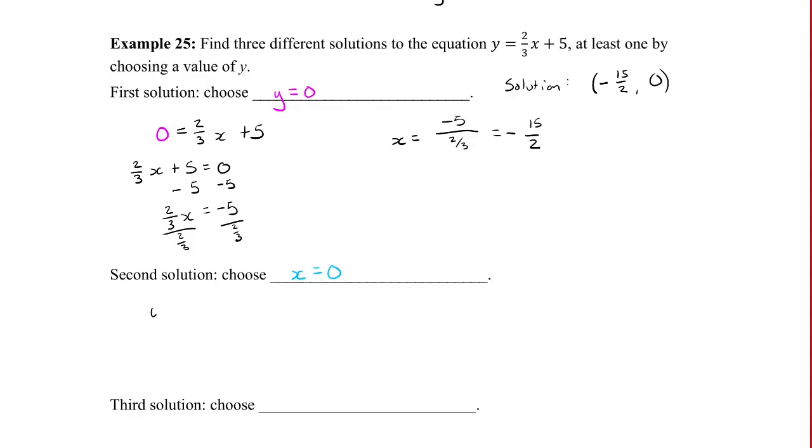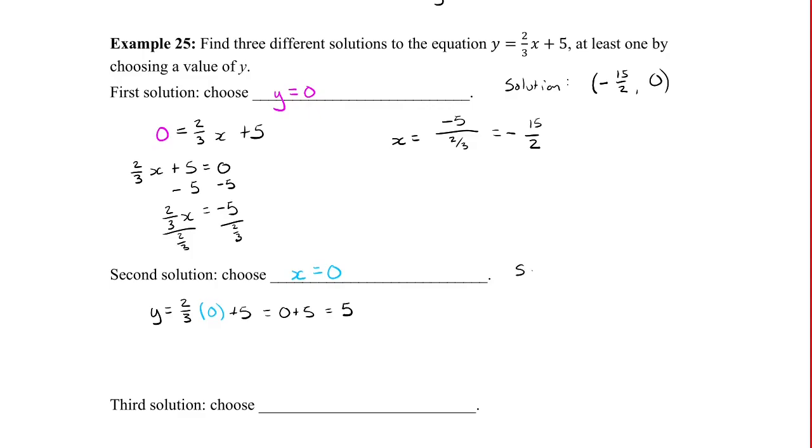Plugging that into my equation, I've got y equals 2/3 times 0 plus 5. Well, 2/3 times 0 is just 0. And then 0 plus 5 is just 5.